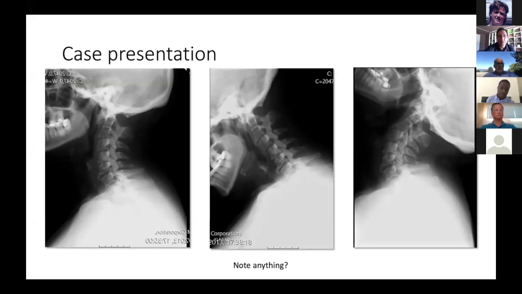She came up to our department with this cervical x-ray where we could see the fusion of C2, C3. We couldn't see the posterior arch of C1. And we see here a posterior translation of C2 away from C1 in the flexion position.